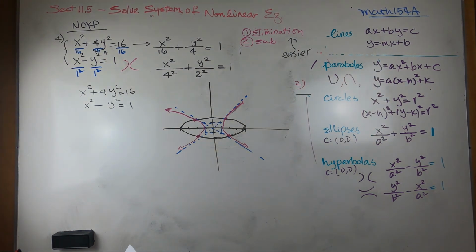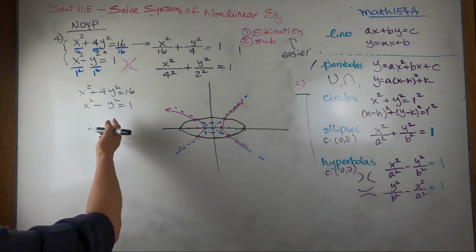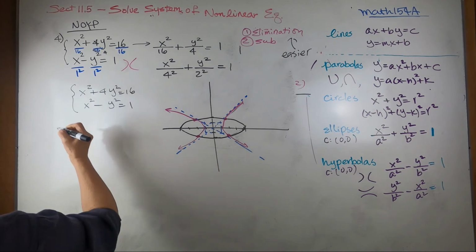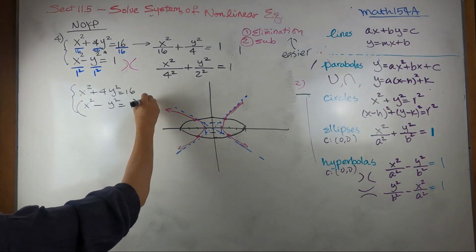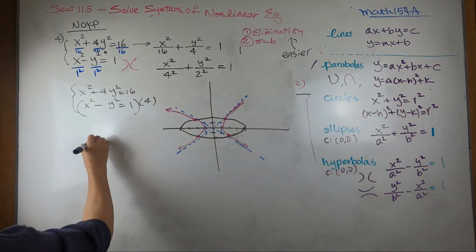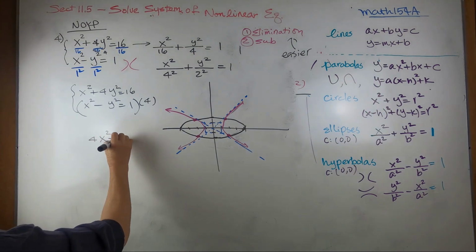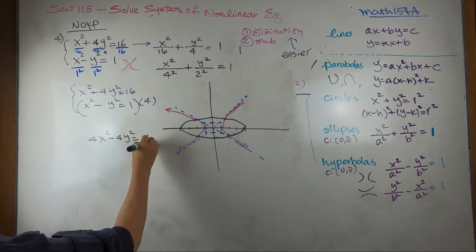And let's see. We can use addition elimination method. Right? Okay, let's just get rid of y. So if I get rid of y, I times this by 4, what do I have? 4x squared minus 4y squared equals 4.